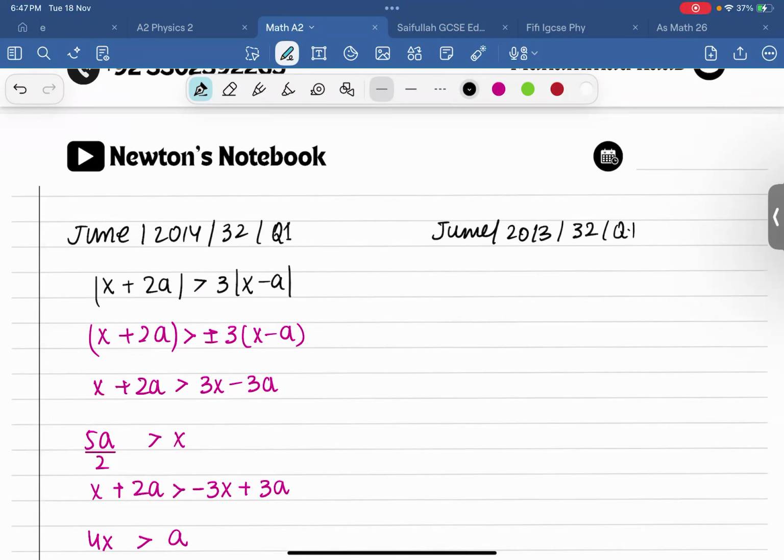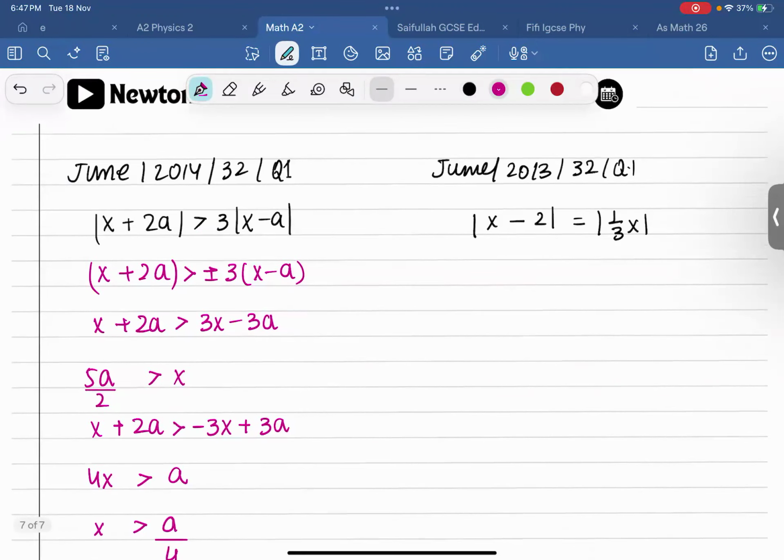The question says that modulus of x minus 2 is equal to 1 over 3 modulus x, right? If we solve, either you can square both sides or you can just solve simply by putting the plus and minus sign.